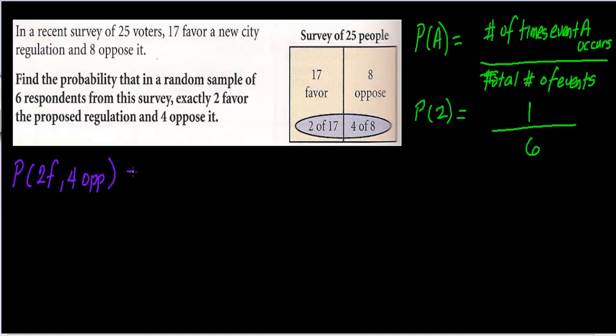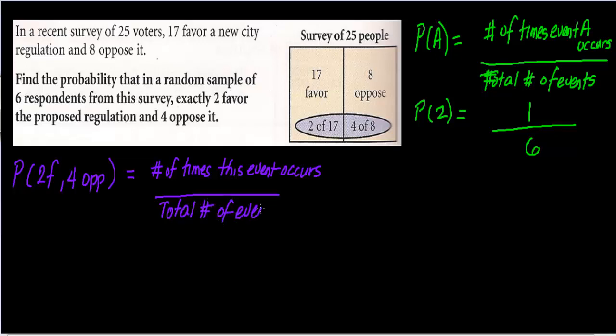That's the event. So in my numerator, I need to find the number of times this event occurs, and in my denominator, I need the total number of events. Let's work with our numerator. I have 2 options here: I can either favor or oppose it.